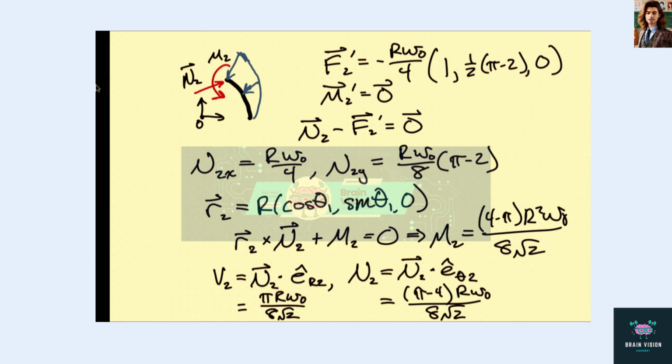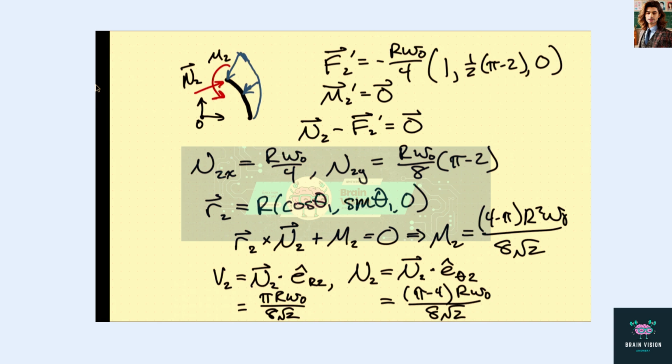And then in the circumferential direction, that's a vector perpendicular to this, so it's minus sine theta 1, cosine theta 1. And we take this dot product, and we get that the normal force is pi minus 4 times r times omega naught over the quantity 8 times the square root of 2. So we get the normal and shear forces there.